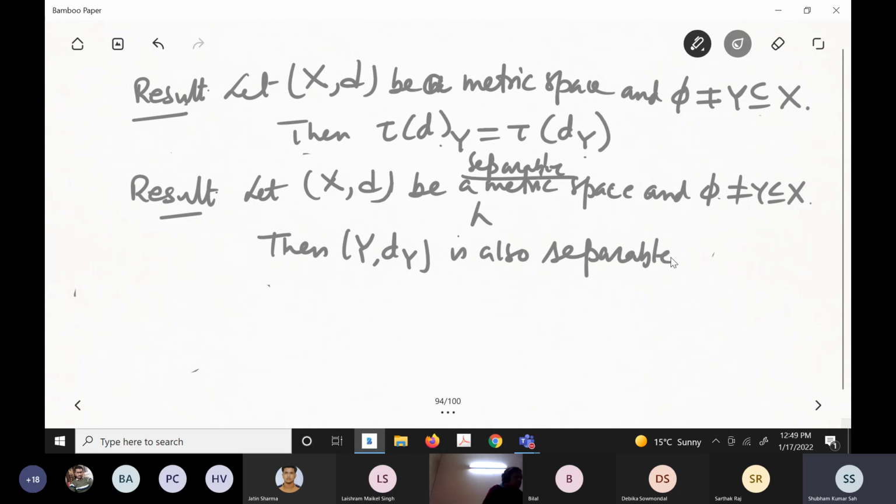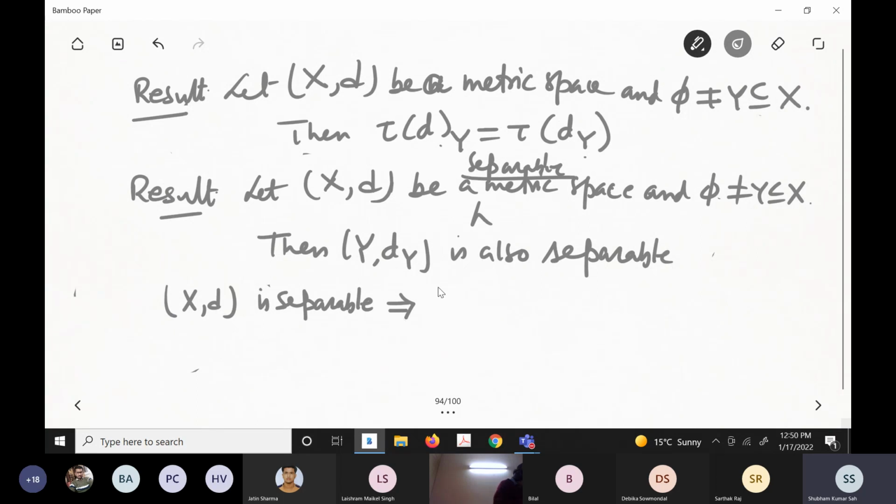Look, by the previous result, a metric space is separable if and only if it is second countable. So what will be the proof? X tau is separable. That implies the metric space X tau D is second countable.